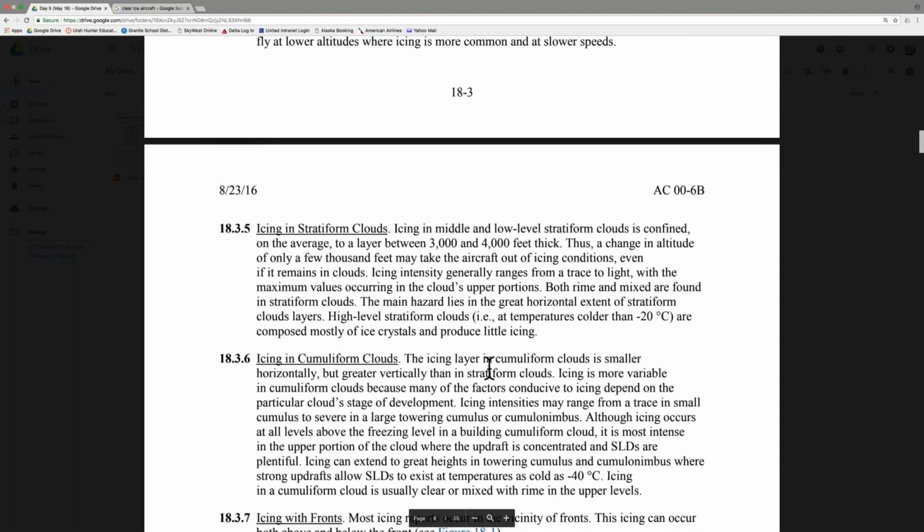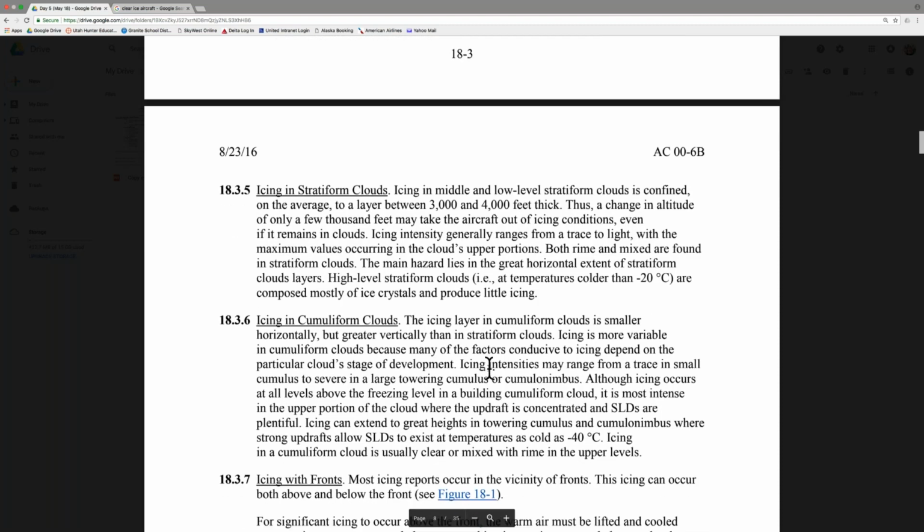So icing in stratiform clouds. Icing in the middle of low-level stratiform clouds is confined on average to the layer between 3,000 and 4,000 feet thick. Thus, a change in altitude of only a few thousand feet may take the aircraft out of icing conditions. Okay. So what happens if we're in icing conditions?